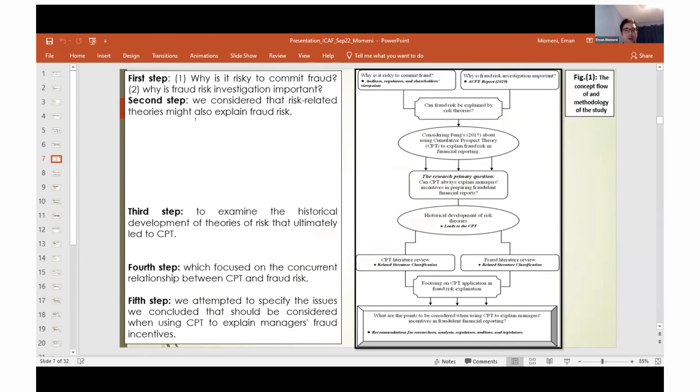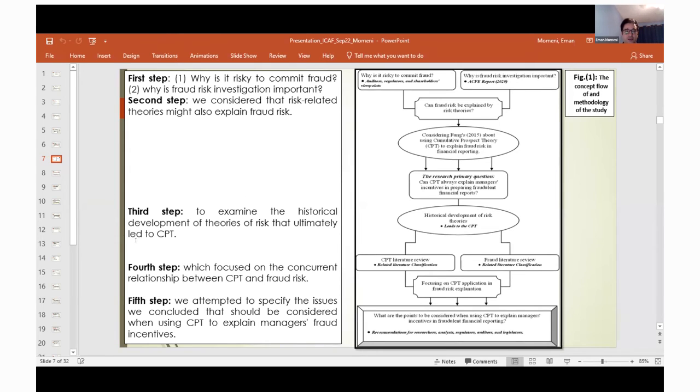In the second step, we consider the relationship between theories that explain fraud risk, where we consider Fong 2015 details. Then we introduce our first primary question.